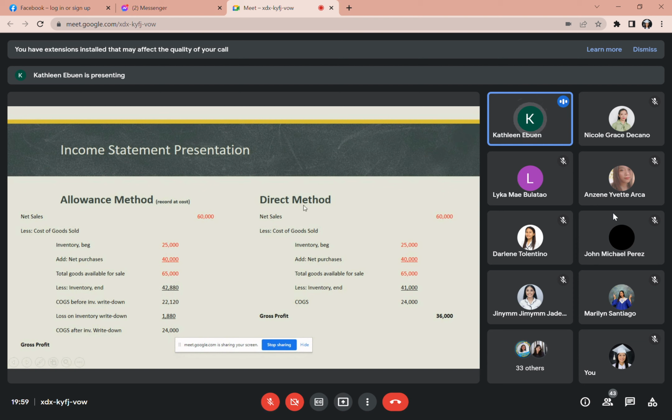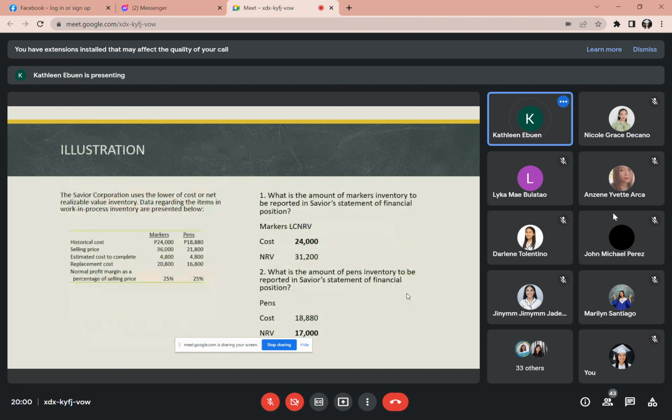Under direct method naman class, okay, so same, we have a sales of 60,000, inventory beginning 25,000, we will add the net purchases, so the TGAS is 65,000. Ililess natin yung ending inventory. So dito class, sa direct method, i-measure na natin inventory at LCNRV. Okay, we have the 24,000 for the markers, and 17,000 naman for the pens.